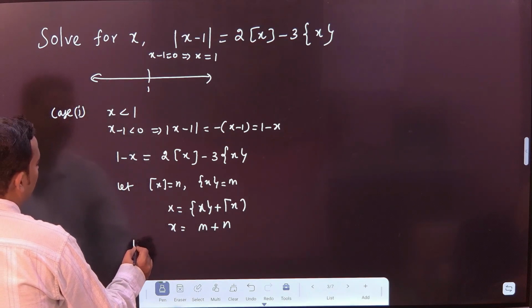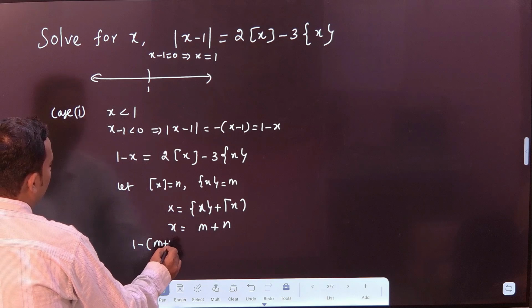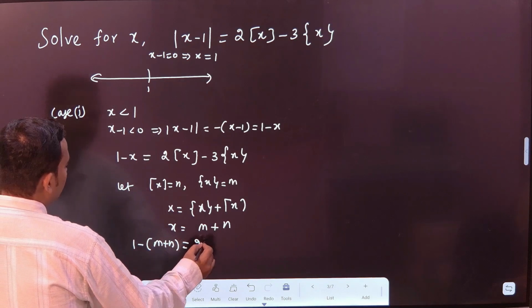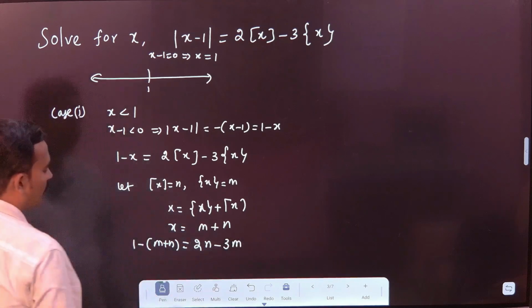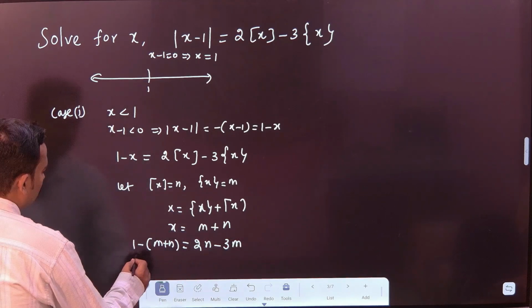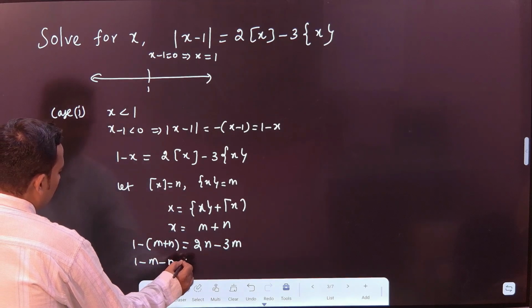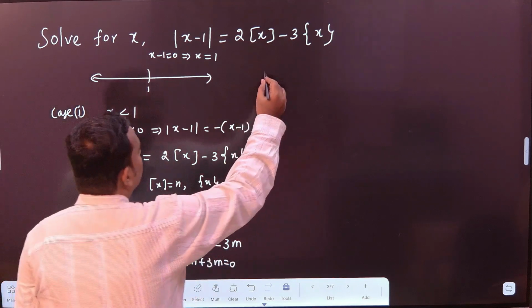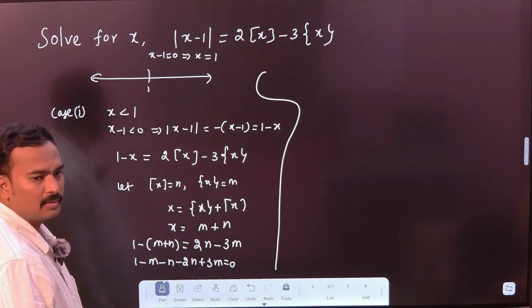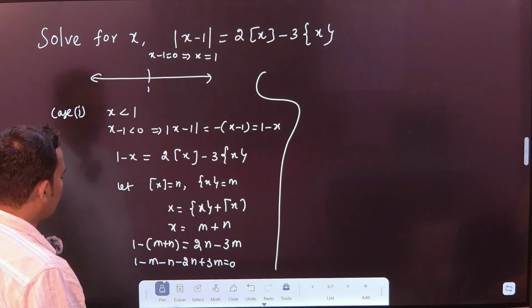Now you have to replace here: 1 minus m minus n is equal to 2n minus 3m, right? You can solve this one. 1 minus m minus n minus 2n plus 3m is equal to 0. Clear? Okay. You can simplify this one.